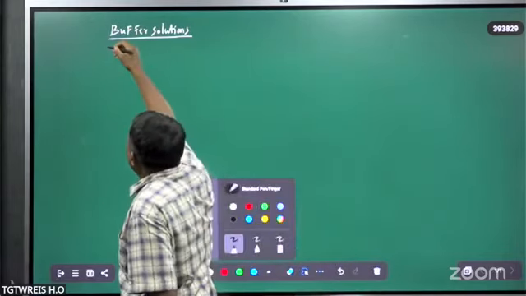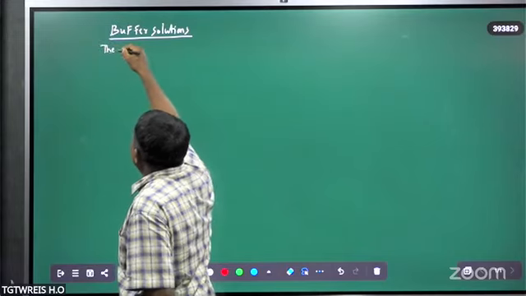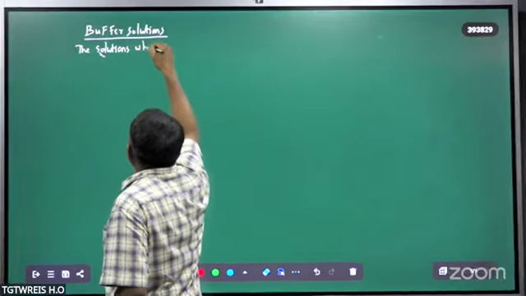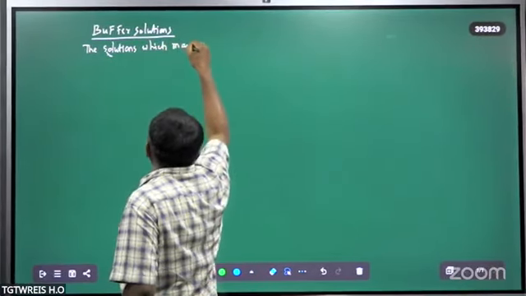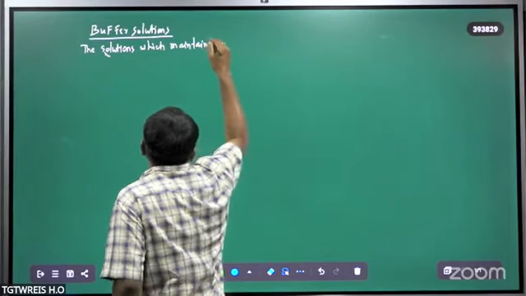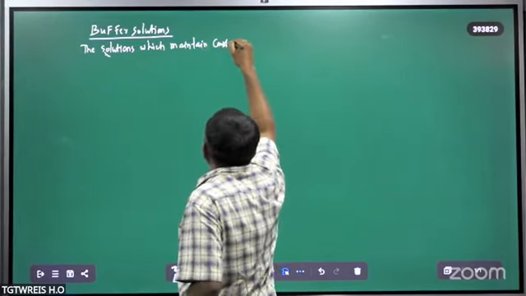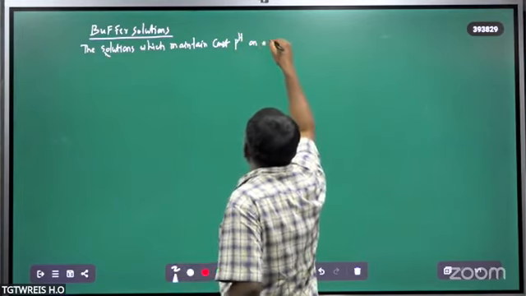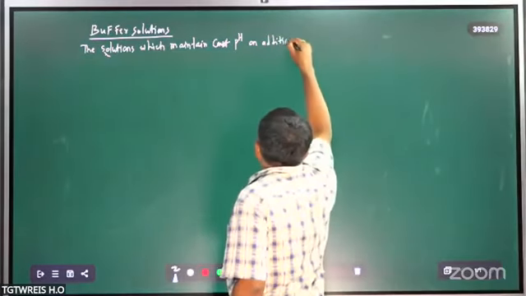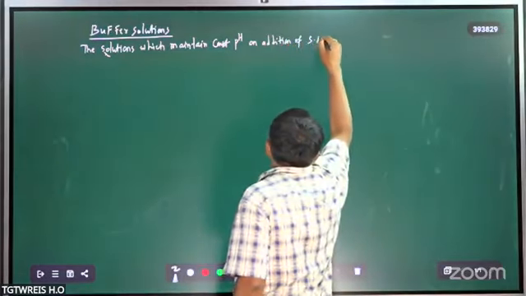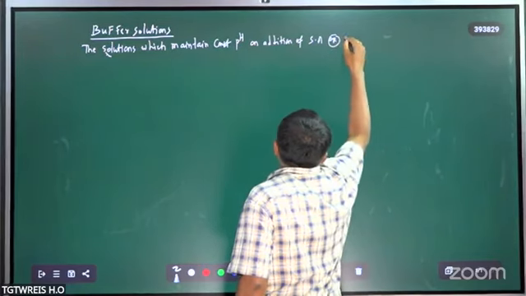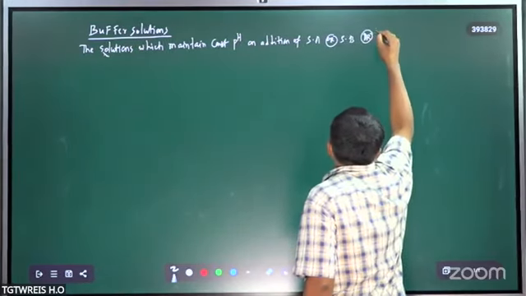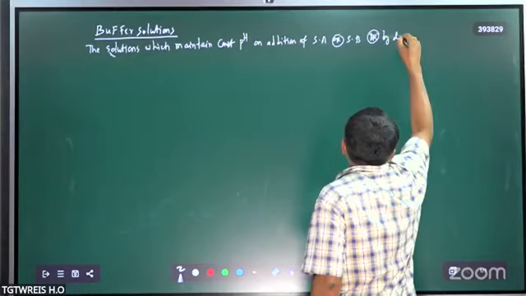The solutions which maintain a constant pH on addition of strong acid or strong base or by dilution.